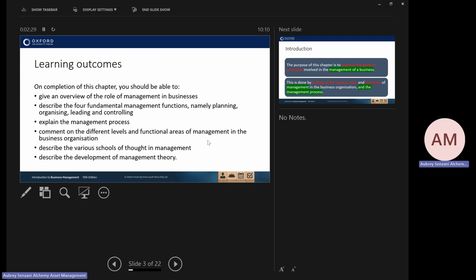So what are we going to be learning in this learning unit, for this chapter? It's going to give us an overview of the role of management in businesses. It describes the 4 fundamental management functions, namely planning, organizing, leading, and controlling. And if you had business management in high school, I'm sure those functions are not brand new to you.